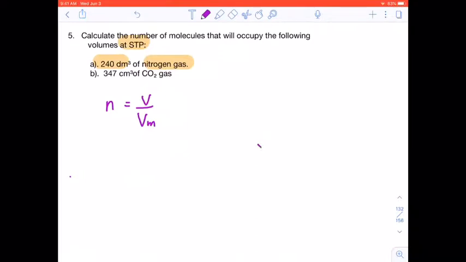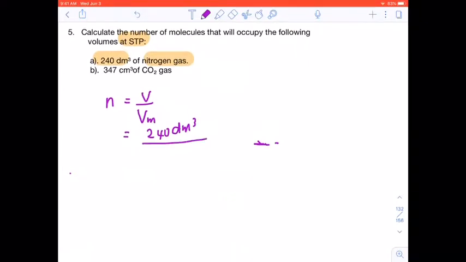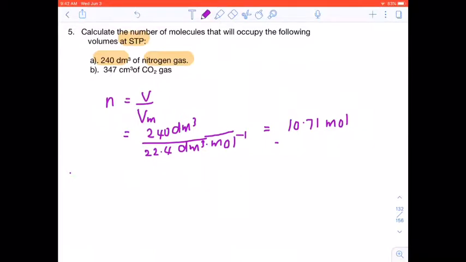That is 240 decimeter cubed upon 22.4 decimeter cubed per mole, the volume that one mole occupies. That is equal to 10.71 moles of N2 gas.